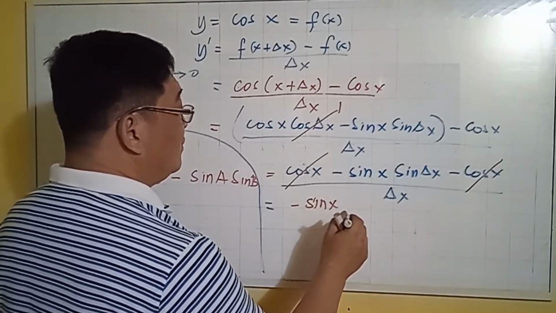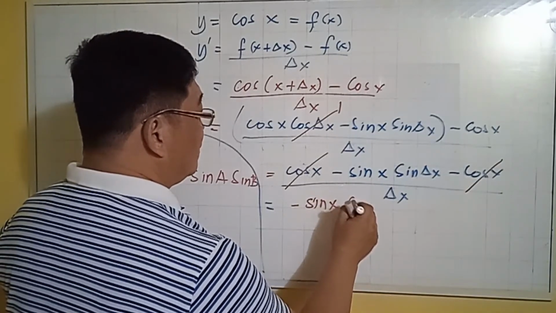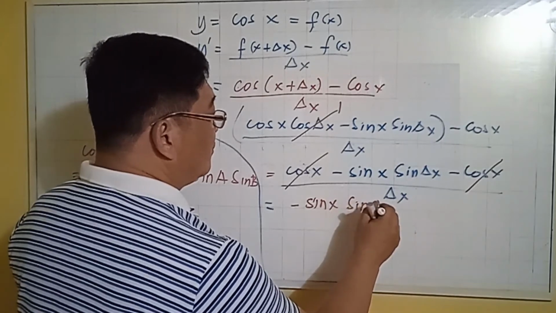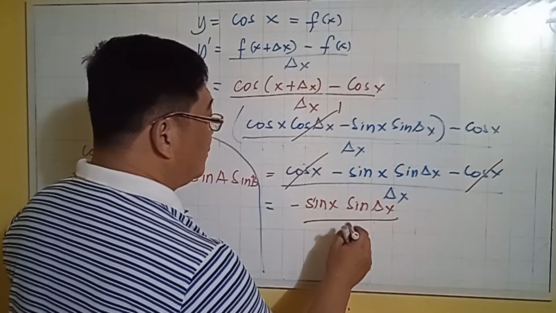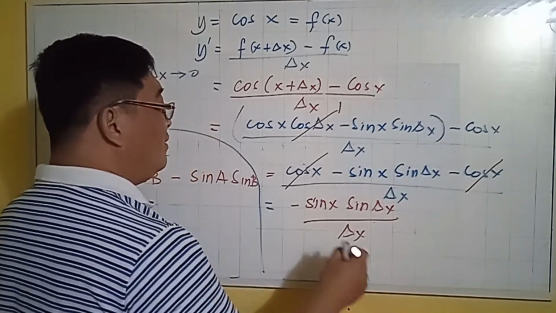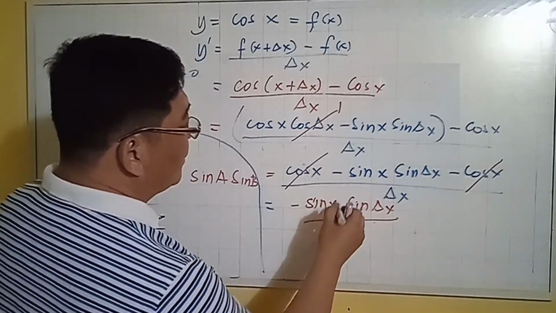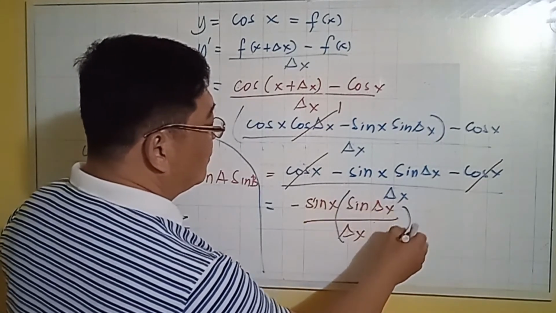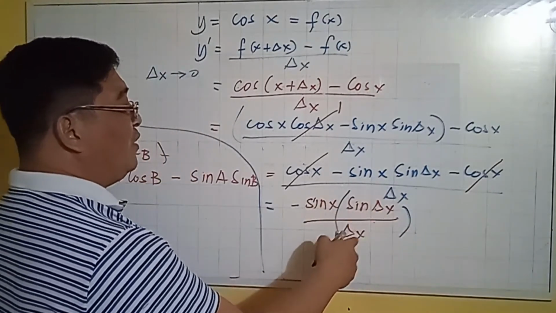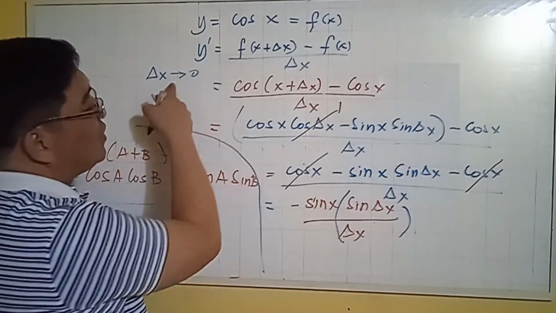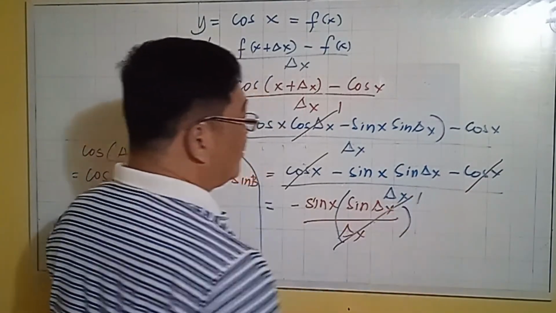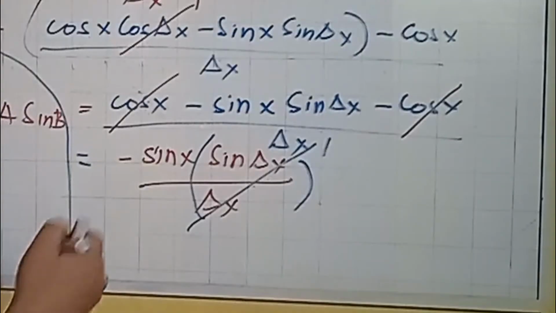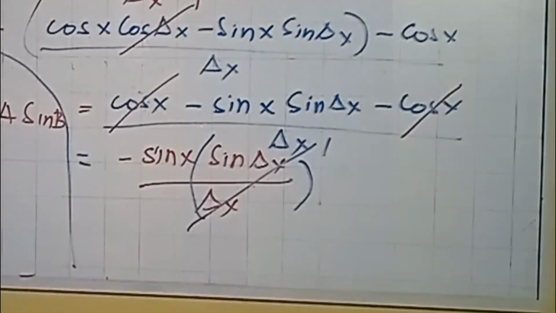sine x sine delta x all over delta x. Again, we're going to isolate this one. Sine delta x over delta x, as delta x approaches 0, that is equal to 1, based on what we have learned about the limit of this given.